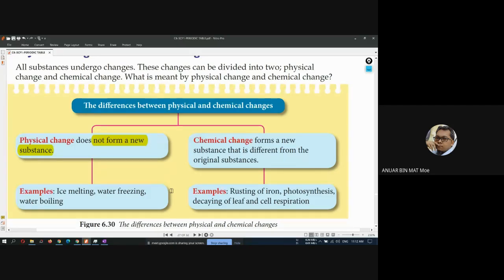Can anyone give me one of the methods to separate the sugar or the salt from the water? You still remember 6.2 mixture? There are 7 methods of separating the mixture. What is the best way to separate the water and salt? What is the process? Anybody?